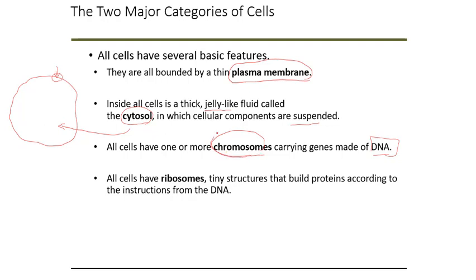Those strands are known as chromosomes, and those chromosomes are found inside the cell. Now, both prokaryotic cells and eukaryotic cells have chromosomes, but just remember that eukaryotic cells also have a nuclear membrane around those chromosomes to separate them from whatever is found inside the cytosol.